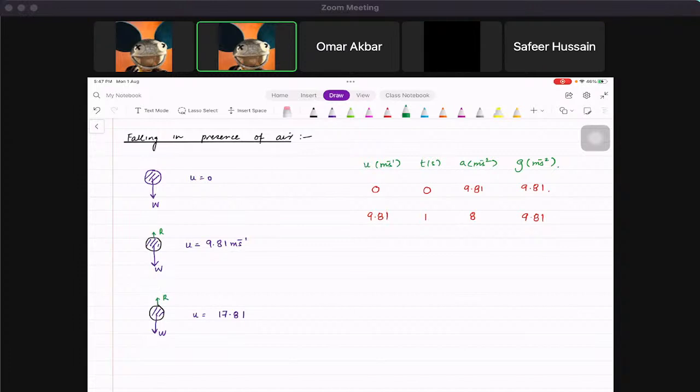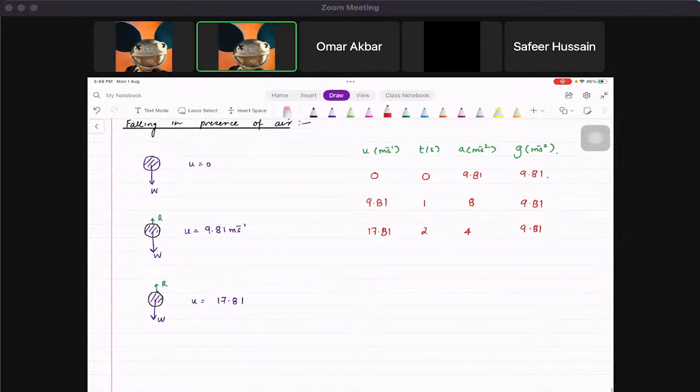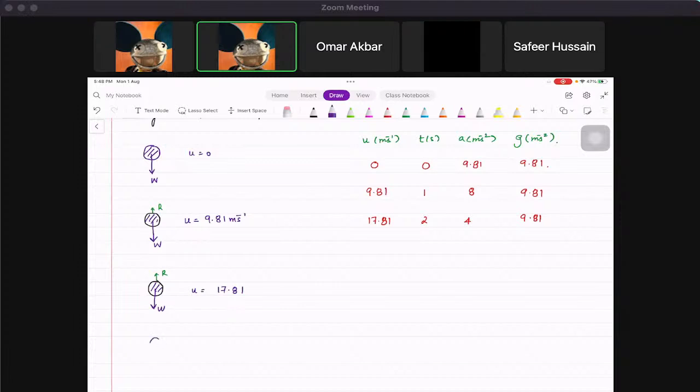So now you have 17.81 as the new velocity in the second second, and because there is an even bigger resistance force, the net acceleration will reduce. The acceleration due to gravity never changes. In the next second, when it's falling, the weight is there, and at one point there will be a point when the air resistance and the weight are going to be equal.